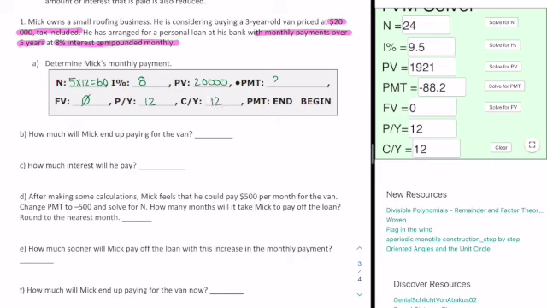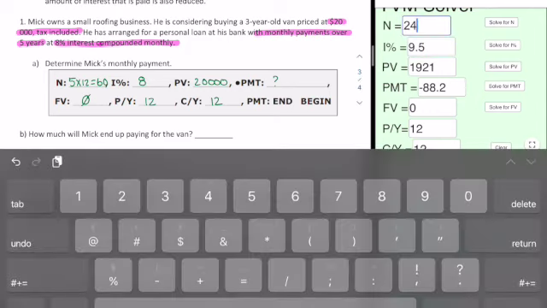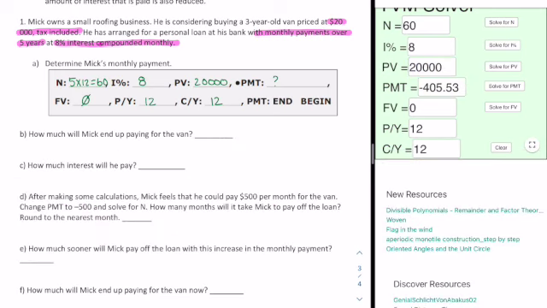Oh, sorry, I skipped right over that. So then you're going to come over here, change these values in our calculator, and then solve for payments. So the payment he has to make is going to be $405.53.